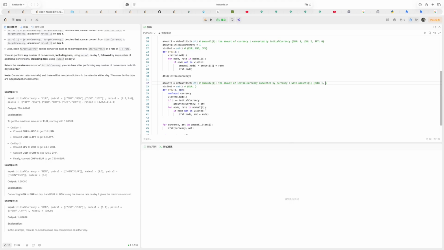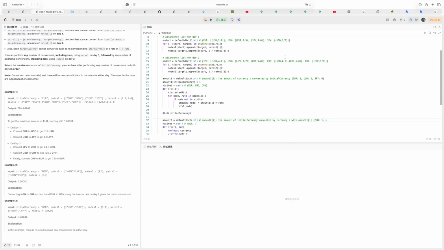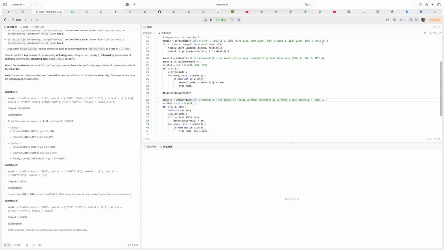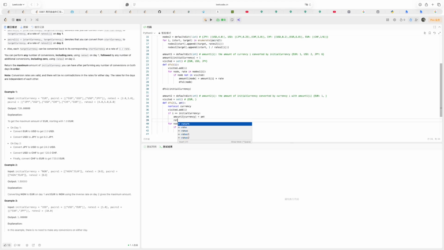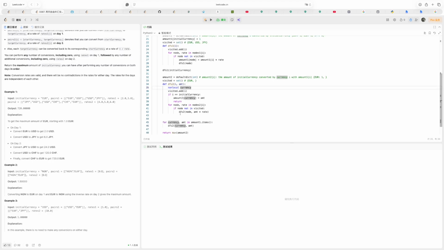Then for the nodes of euros, we have CHF, with an exchange rate of 1 divided by 6. I think we should return, so we will not run again. And then on return, we will move on to the next currency in the for loop.